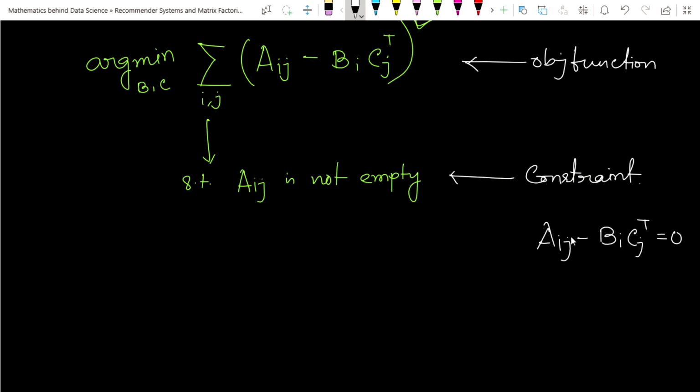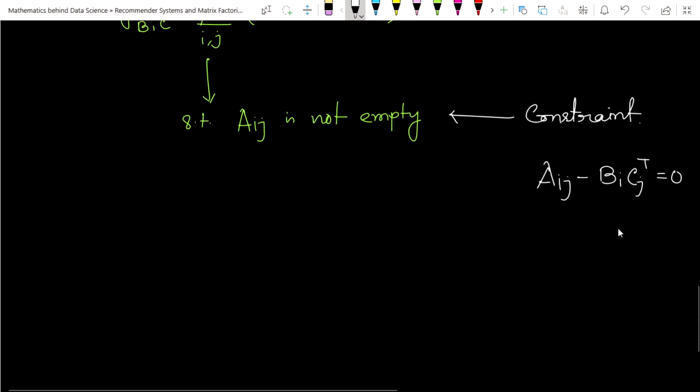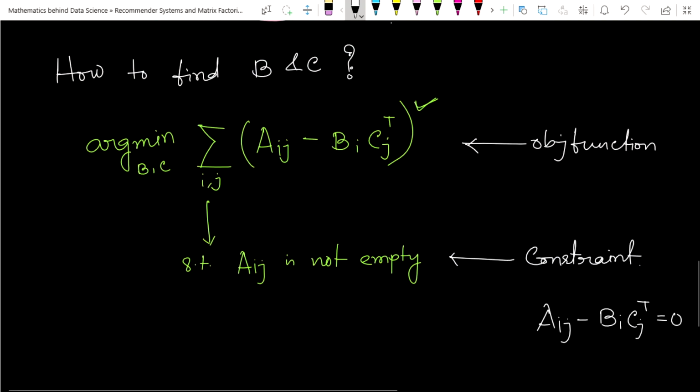But we have to find the minimum value. For the empty cells, we have to predict the value, finding which Bi and Cj are responsible. That's the main job here. You can think of this as a squared loss.